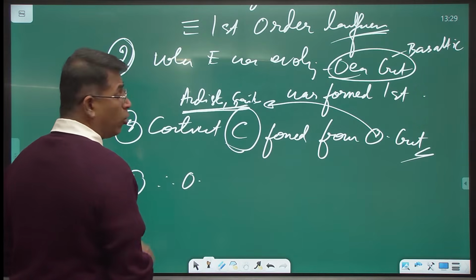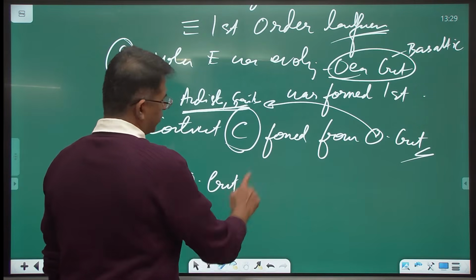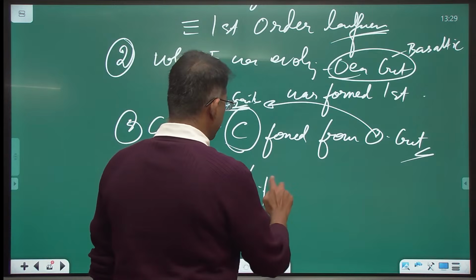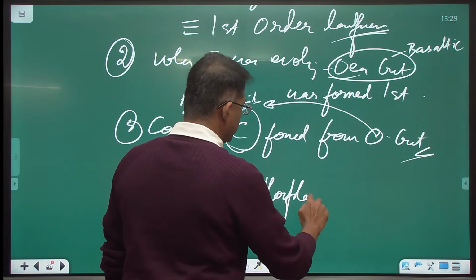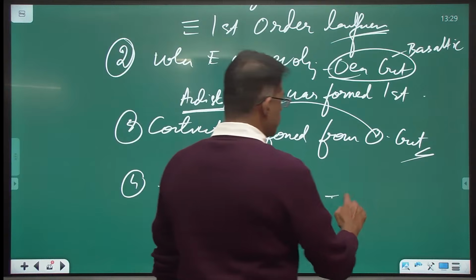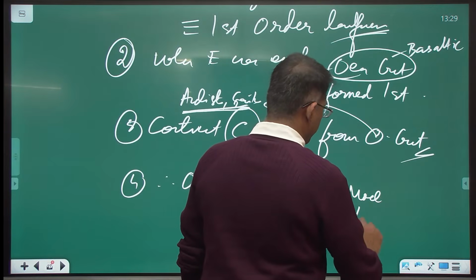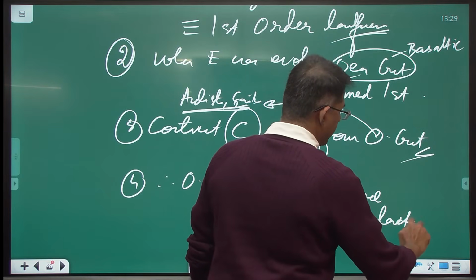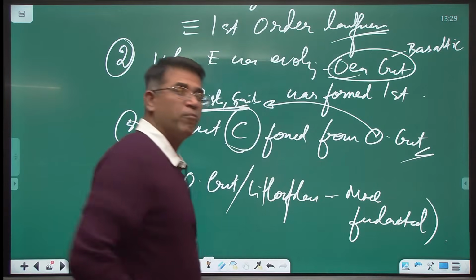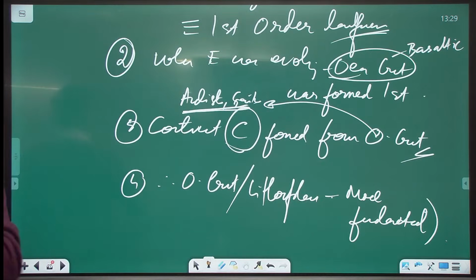Therefore, whether you say ocean crust or lithosphere, we'll now treat them as synonymous. This is more fundamental, because the continents are made from the ocean. The ocean crust is more fundamental.